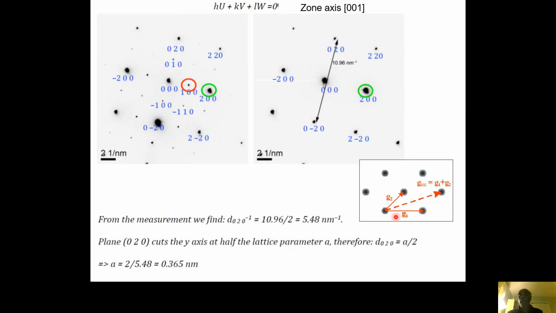Also, each lattice point you can translate like this, right? Because these are in the reciprocal space. So if this is 0, this is G1, G2, then you can go to the third one just by translating. That means this is G1 plus G2.